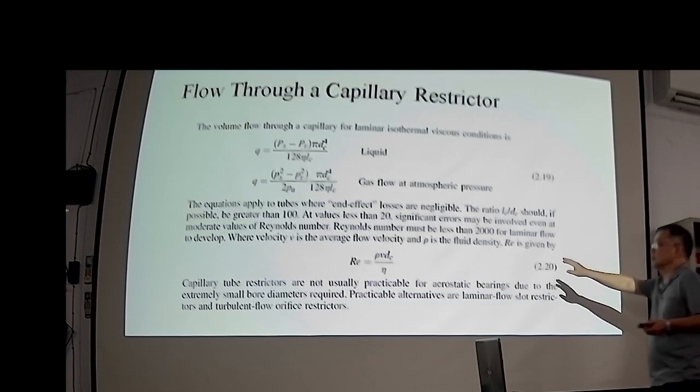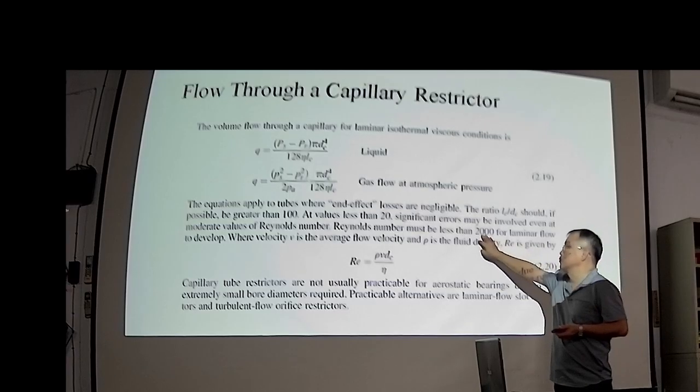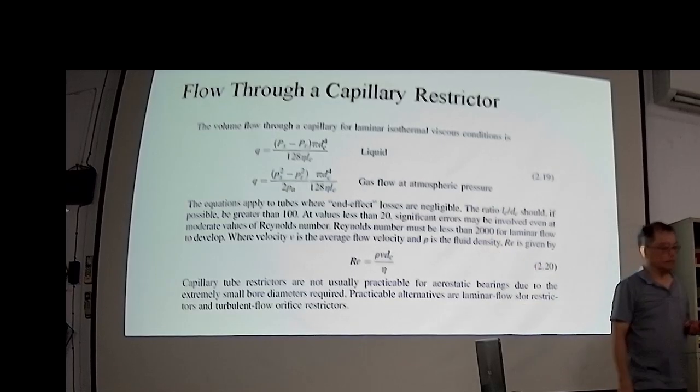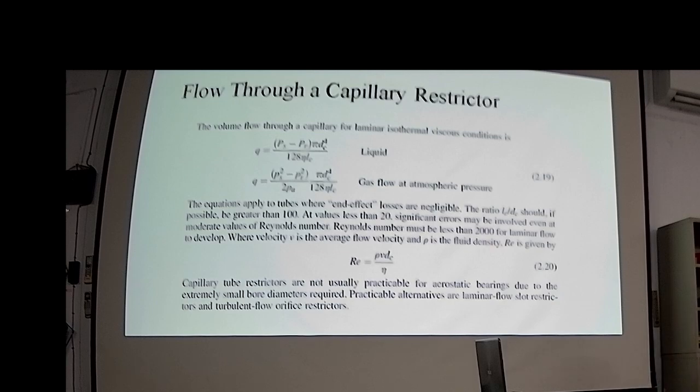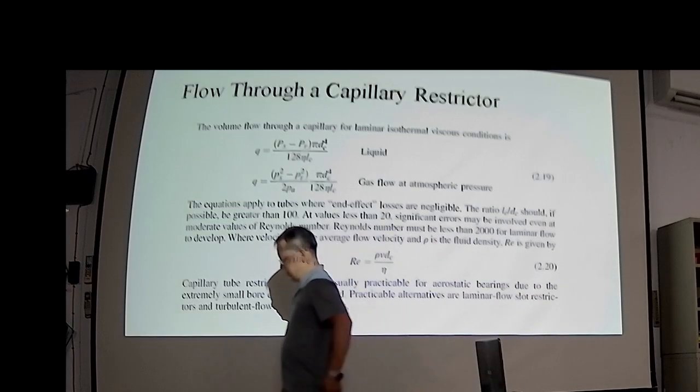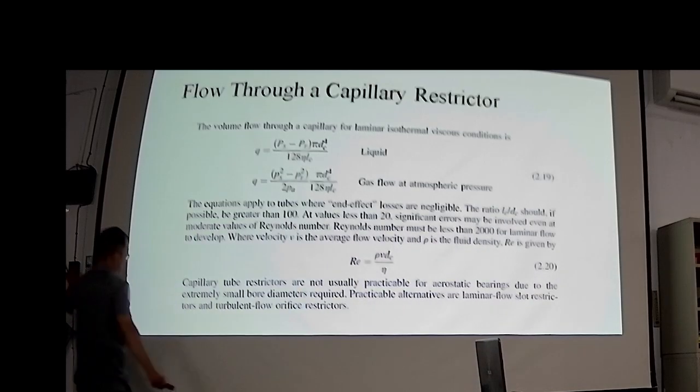The textbook says the Reynolds number should be smaller than 2,000, an even stricter number. So the capillary restrictor is a laminar flow restrictor, and for it the Reynolds number should be smaller than 2000.